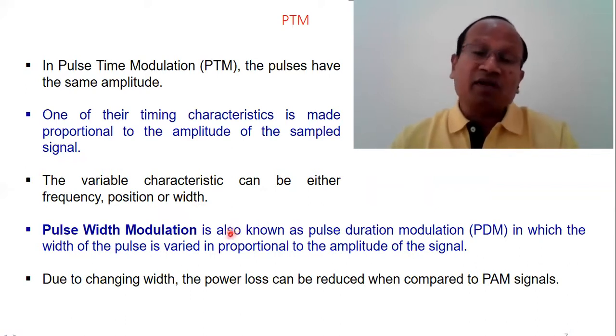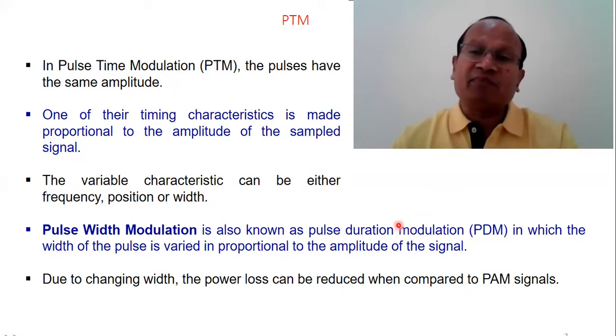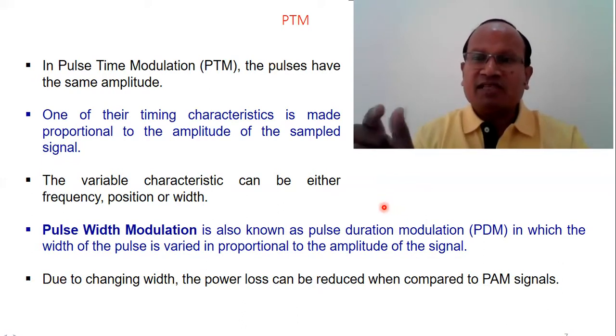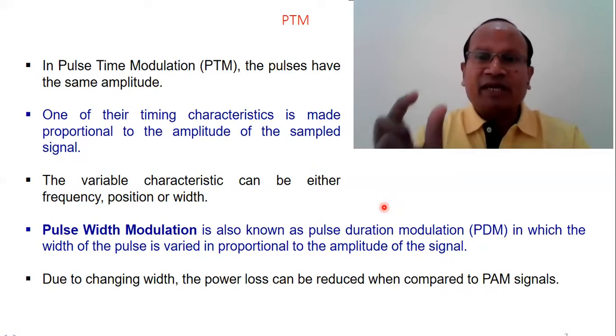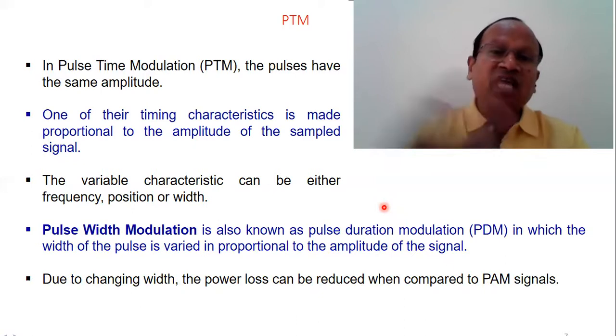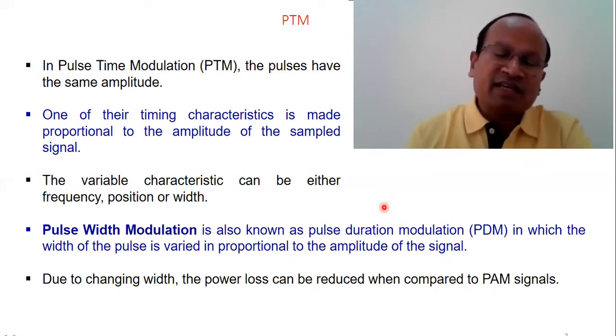In pulse width modulation, PWM is also known as PDM, pulse duration modulation. The width of the pulse means the duration of the pulse, right? So the duration changes, and the change will be proportional to the amplitude of the modulating signal.